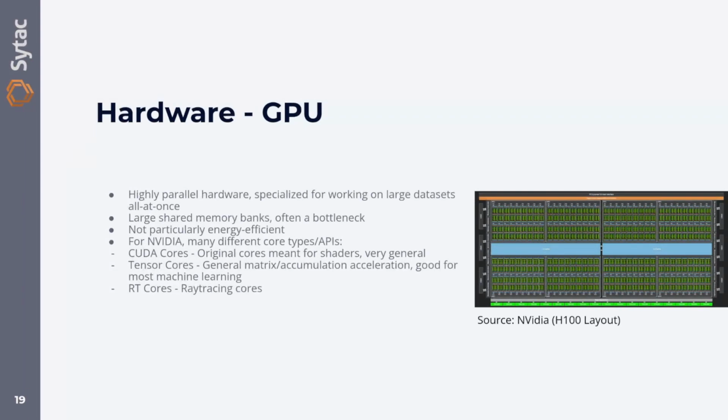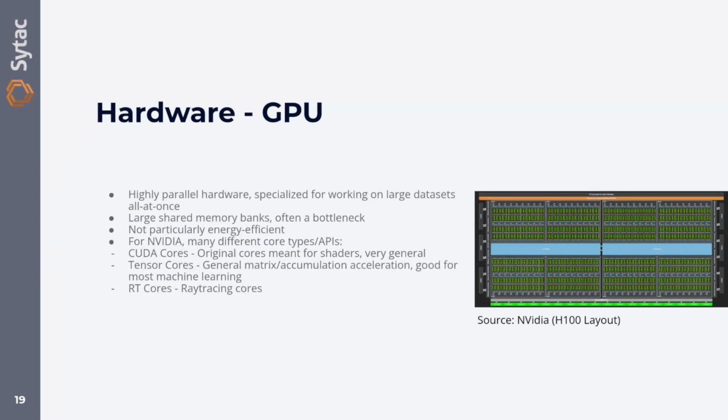And besides that, they have a lot of different computation cores. This is the NVIDIA H100 video card layout. It's a little small, but they have large shared memory banks, and each computation unit has its own memory as well. So you have a memory hierarchy. You have one large bit of shared memory, and then you have a lot of computation units that can work very much in parallel.